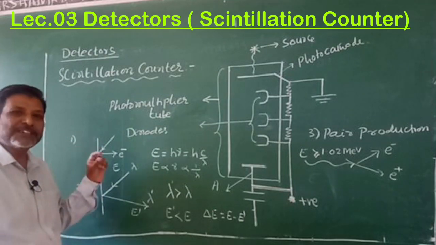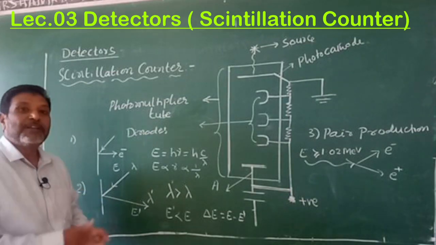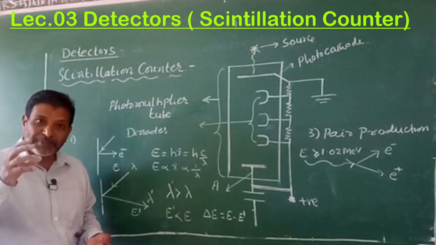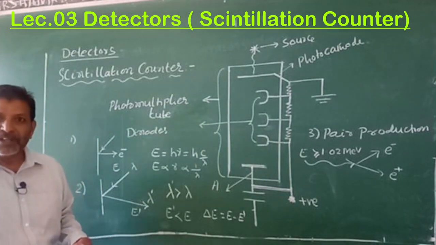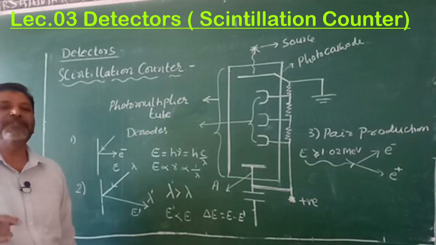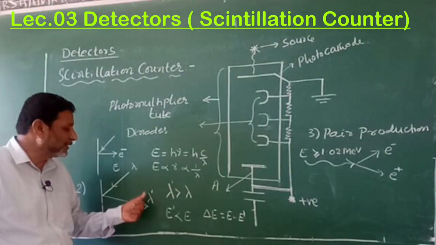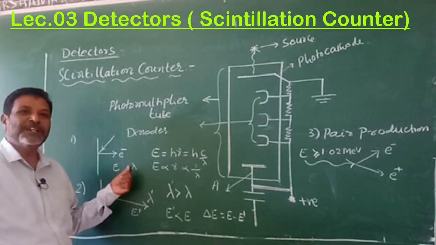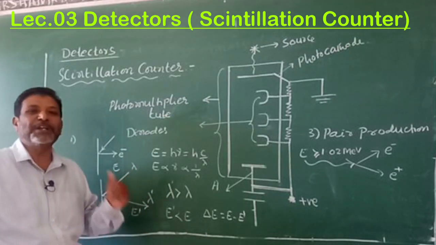The Compton effect, in a very simple way, is that when radiation is incident on a metal surface, the wavelength of the scattered light is greater than the wavelength of the incident light.